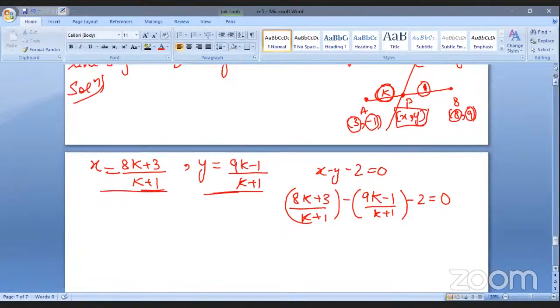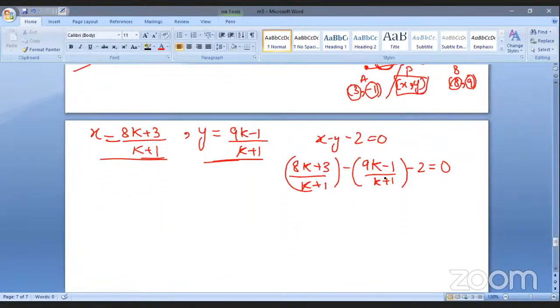Once we do this, there is only one variable and one equation, so definitely we will be able to find the value of k. Now just find it out. There will be no problem from here.